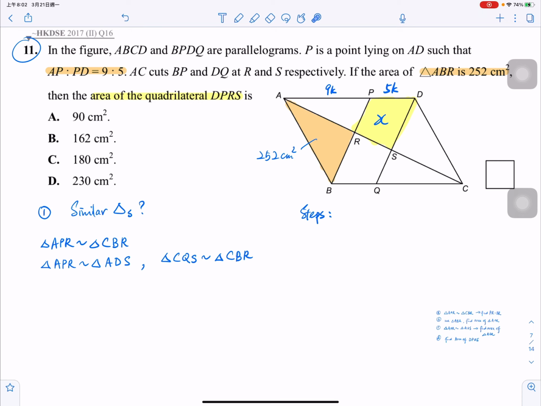Just now we said APR and CBR are similar, and the other pair is APR and ADS. And also CQS and CBR.